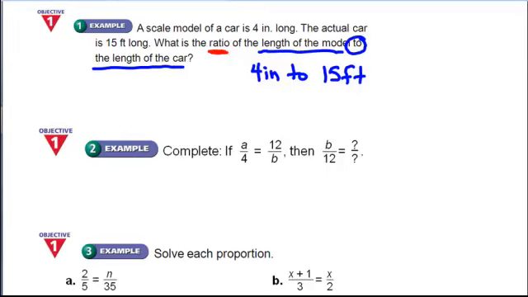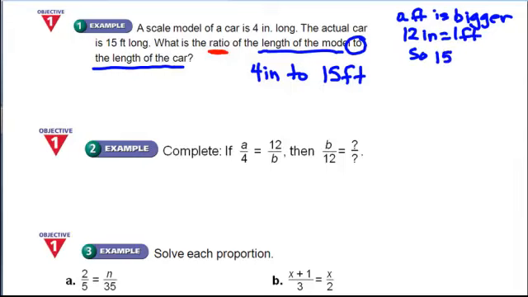I know a foot is bigger than an inch, and I also know that there are 12 inches in 1 foot. So I'm going to convert that one. 12 inches equals 1 foot.